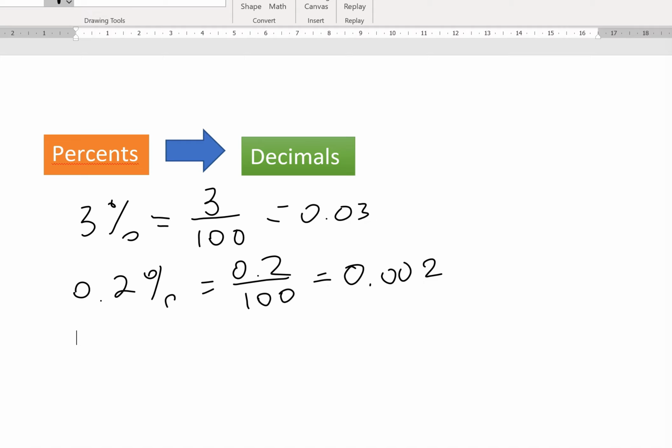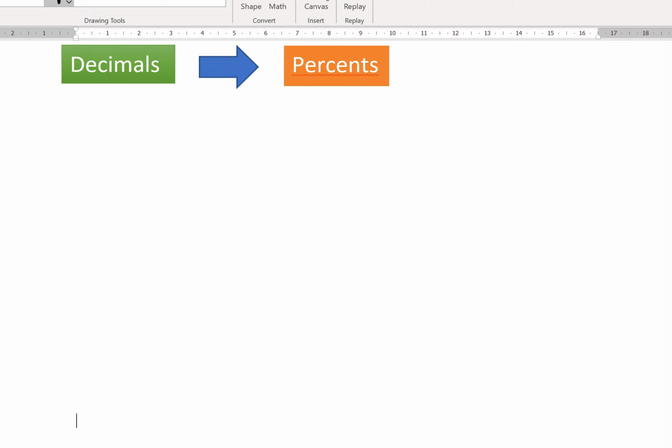This is it. If we have to change decimals into percents, let's see what we can do. So if we have 3.7 to turn into percent, we're going to apply the same method as we've used in turning fractions into percents. We're going to consider multiplying, that's a trick.